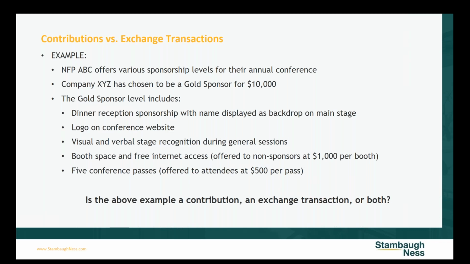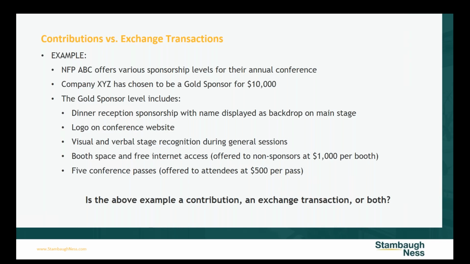The gold sponsor level includes the sponsorship of the dinner reception with the company's name displayed as the backdrop on the main stage, the company's logo on the conference website, visual and verbal stage recognition during general sessions of the conference, booth space and free internet access, which is also offered to non-sponsors at $1,000 per booth, and 5 conference passes, which are also offered to non-sponsors or attendees at $500 per pass.